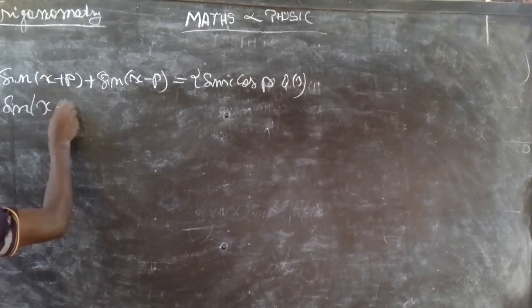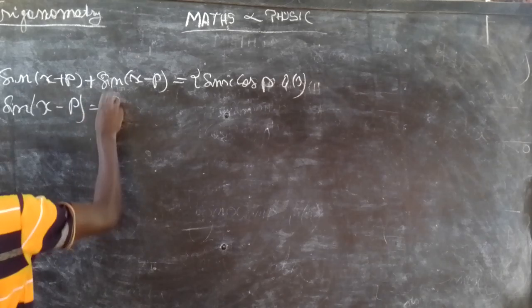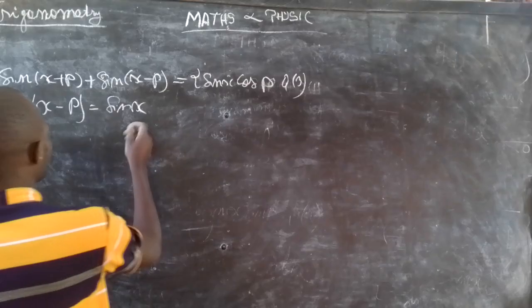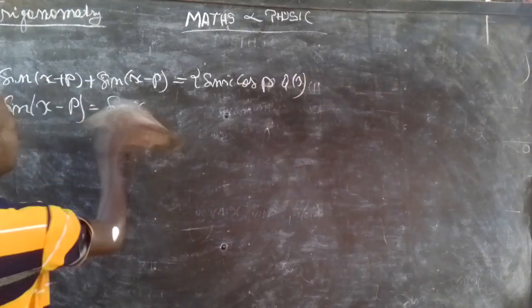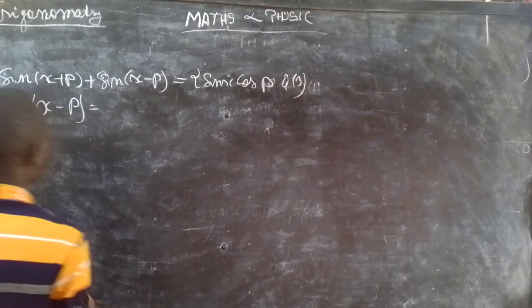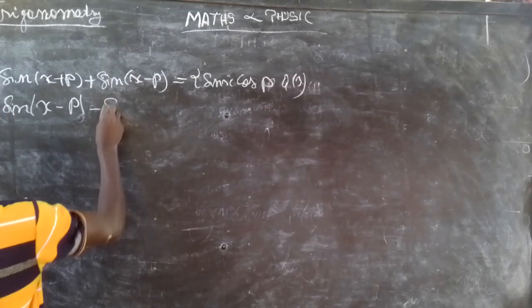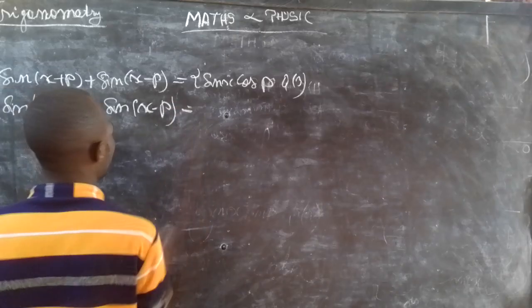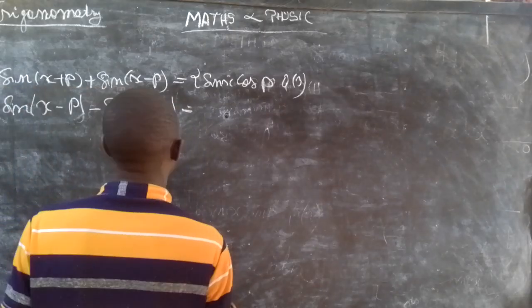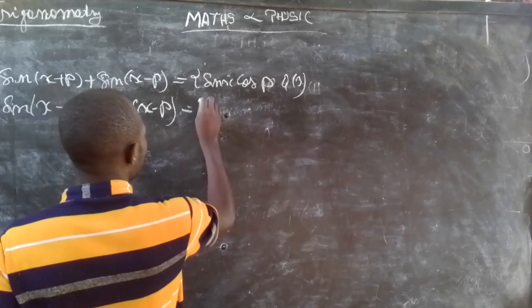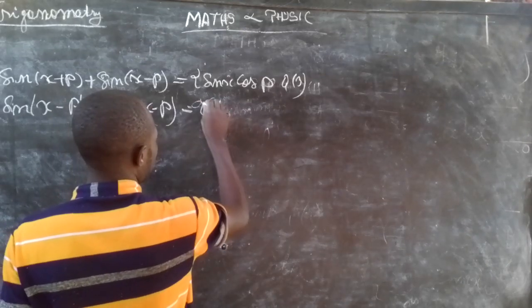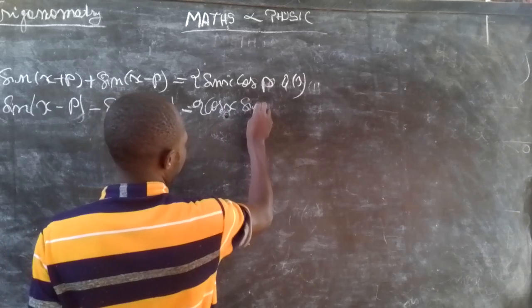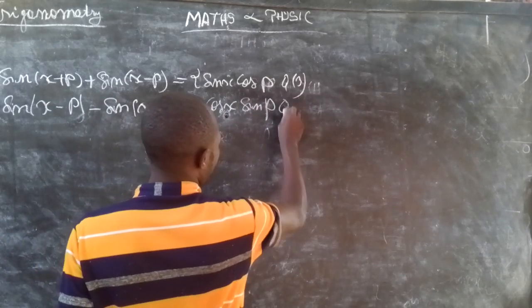Here we have sine of x plus p minus sine of x minus p, which will be equal to 2 cosine x sine p. This is equation 4.